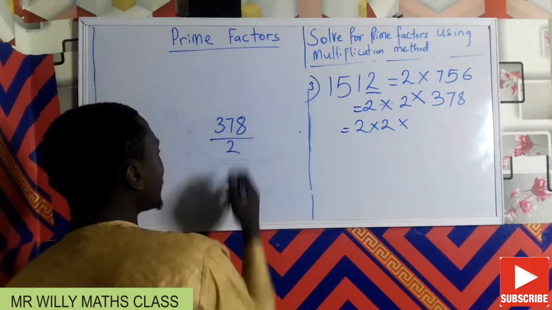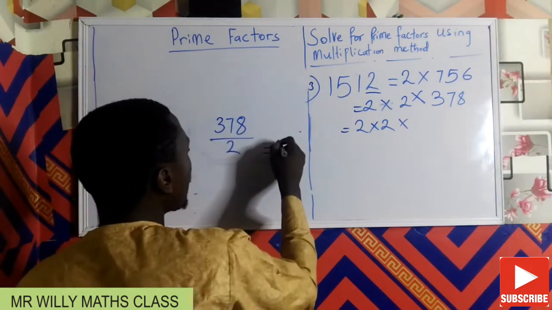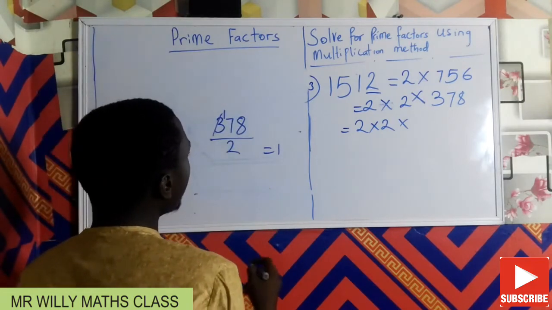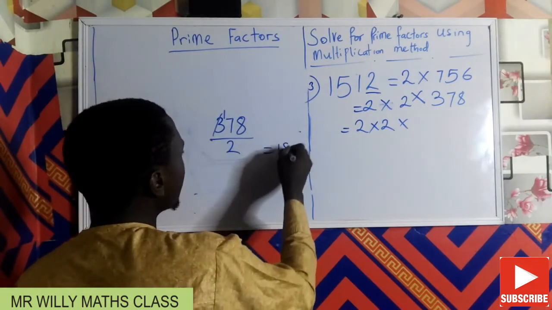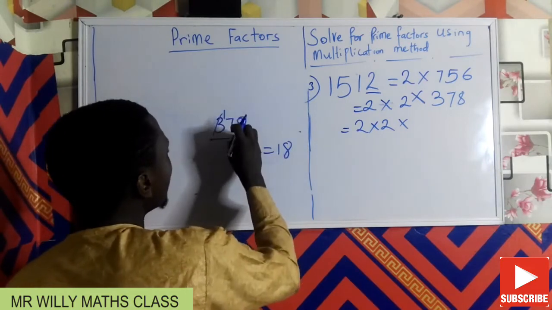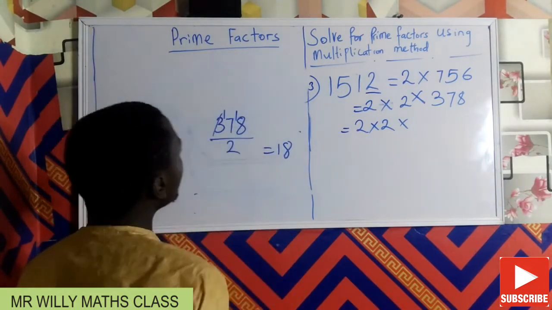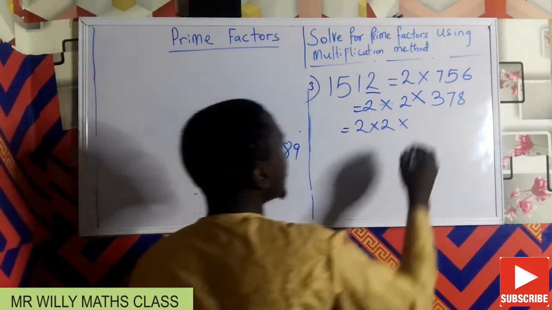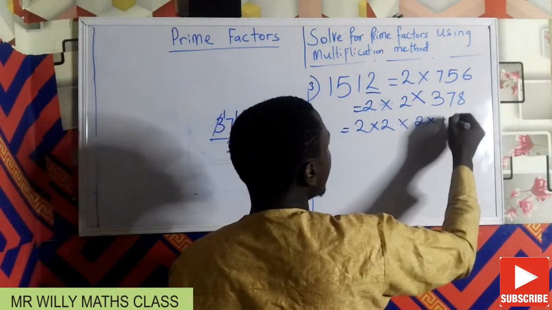I believe 2 can divide it. 2 in 3 is 1, remainder 1. 2 in 17, that will be 8. 2 times 8 is 16. If you take 16 out of 17, you have 1. And 2 in 18, that will be 9. So 2 times 189 will give you 378.